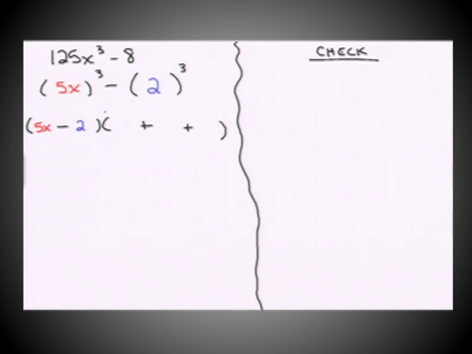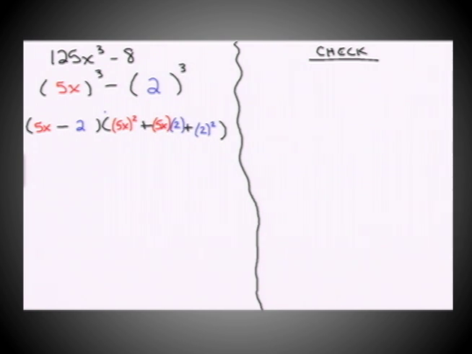Now we're ready to do our squares on the ends, but don't forget to use your parentheses when you square. So we have 5x squared and 2 squared. And then our singles meet in the middle as a product, 5x times 2.